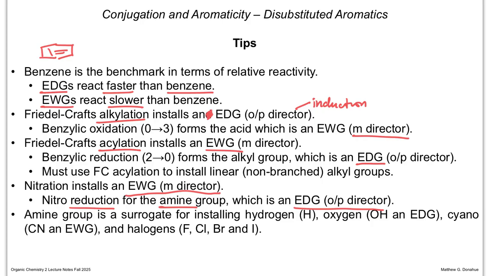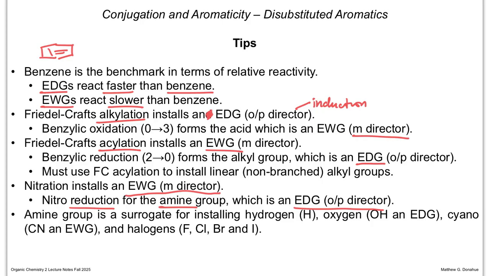So we can either use the amine in terms of directing, or we can transform that through the diazotization reaction, also called the Sandmeyer reactions, which will allow us to install oxygen to make a phenol, or we can make ethers from that. We can displace it with cyanide.